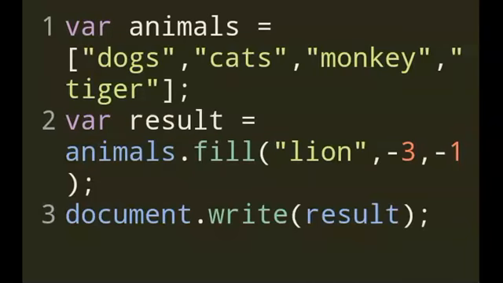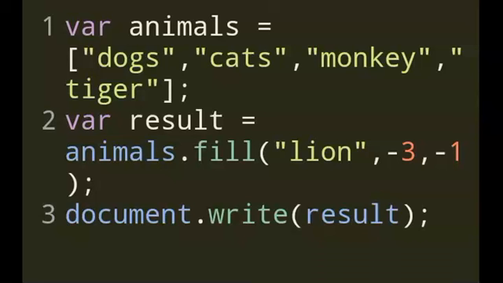Now what's happening is, when you say -3, -1, it will work in the reverse direction. That means it will start at -3, like it will go and find -3 from the reverse direction. So -3 from the reverse is what? -1, -2, -3. -3 is cats in this case, and then -1 is tiger.